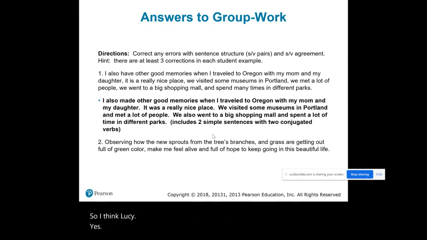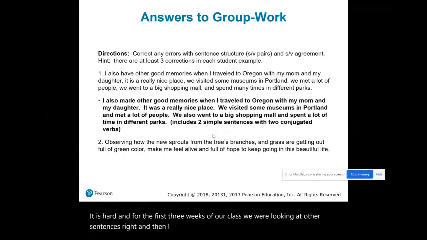Mhm, it is hard. For the first three weeks we were looking at other sentences, right? And then I asked you to write a few sentences, but your sentences were kind of just different ideas. It wasn't all together, right?